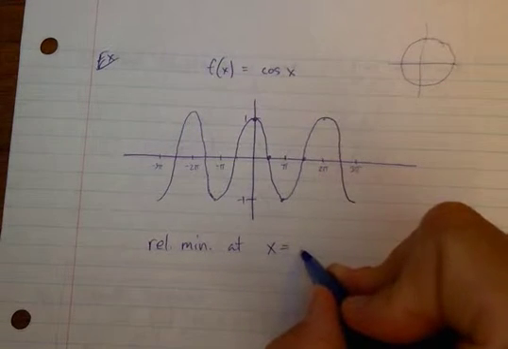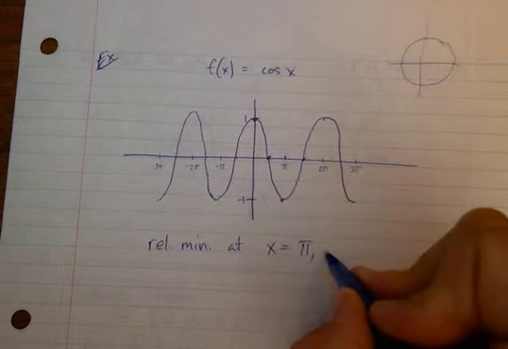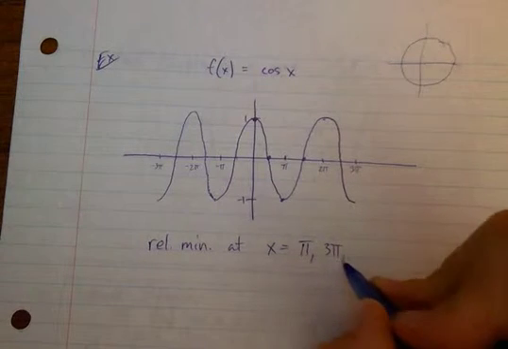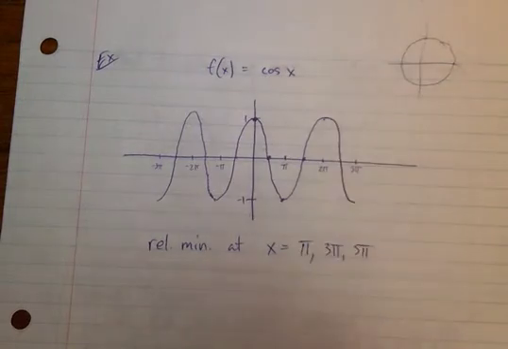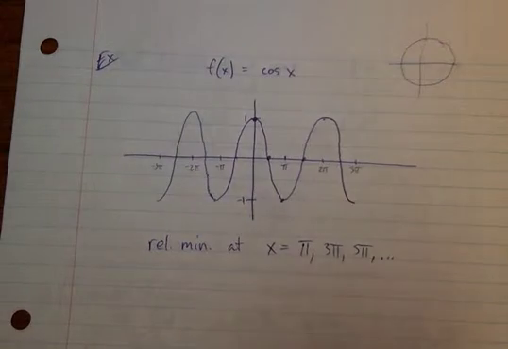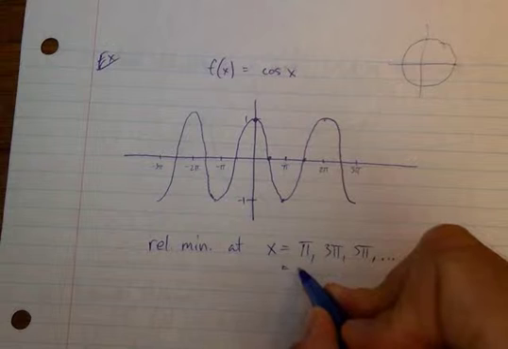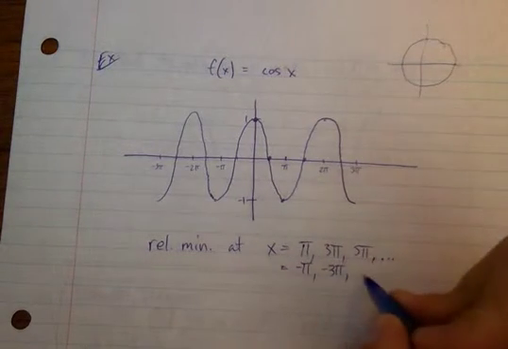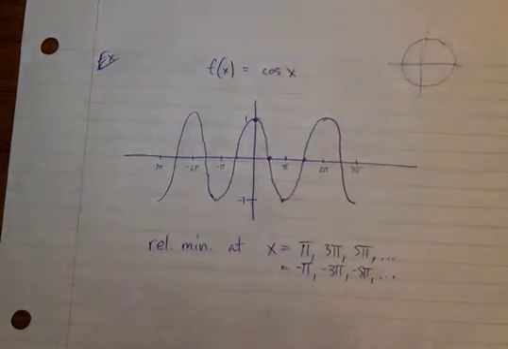We have them at pi, 3 pi, it would be at 5 pi, because it's just going by 2's, right? And we can say on to infinity. And then also at negative pi, negative 3 pi, and negative 5 pi, on to infinity.